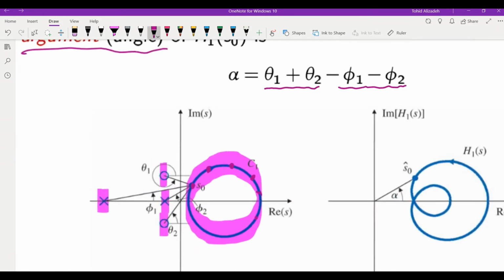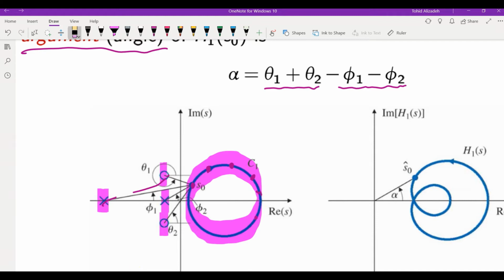Let's see what the θ's and phi's are over here. Let me clean the area and then show you the angles first. We have two poles here and two zeros.